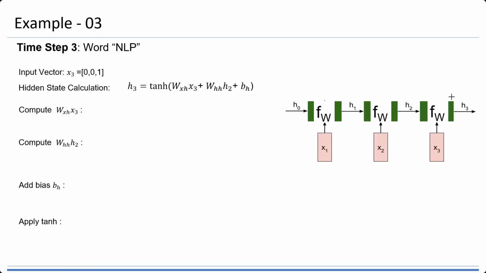We obtain the h3 equals to the x3 multiplied by the weight of xh, and then we have this weight multiplied by the whh plus the bias. So we get this one.